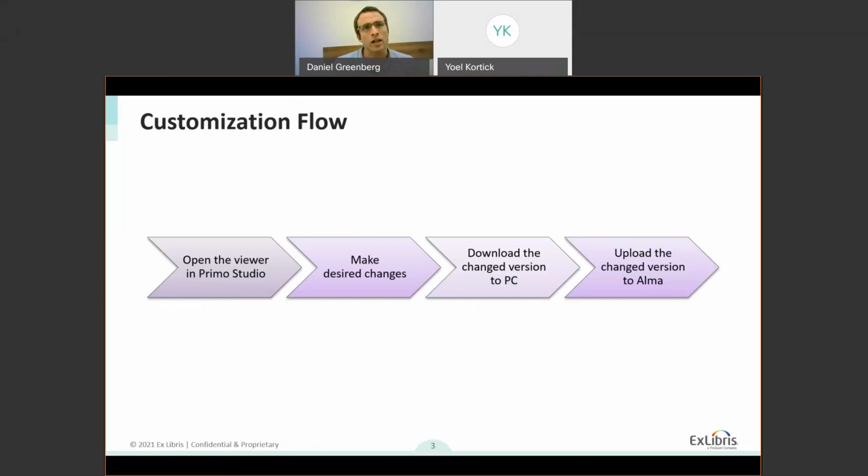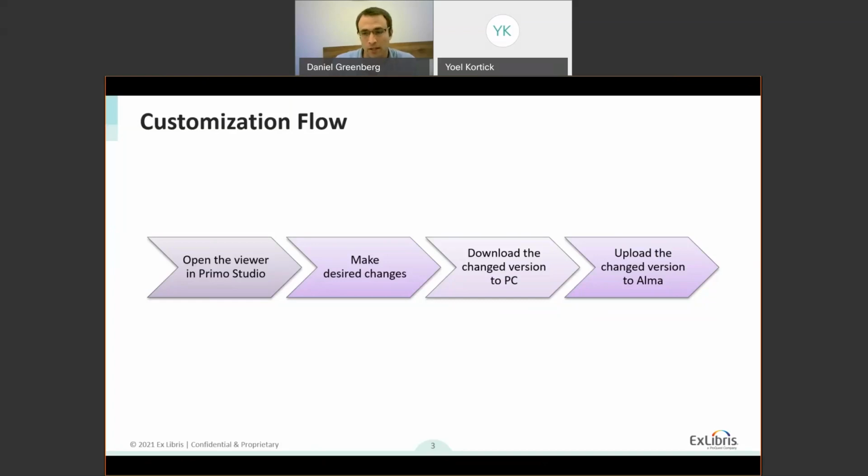So the high-level flow to customize the viewer is, first of all, opening the viewer in Primo Studio, changing the design according to your desire, and then signing it off after you approve of the changes. Once you're satisfied with the result, you can download the package, which is a zip file, over to your PC.